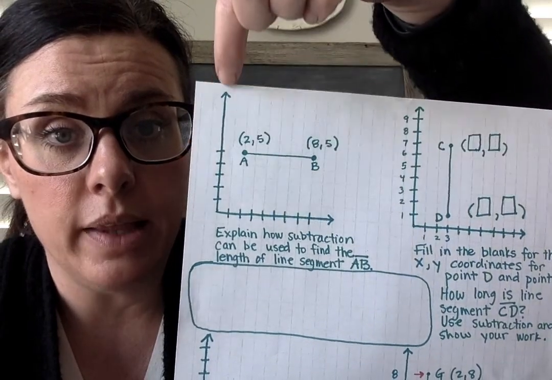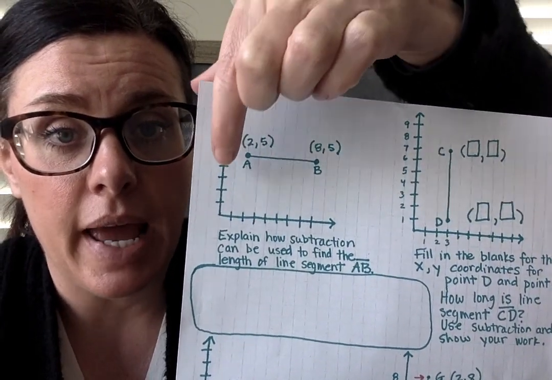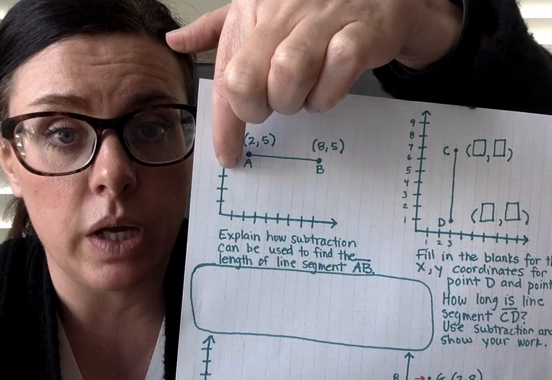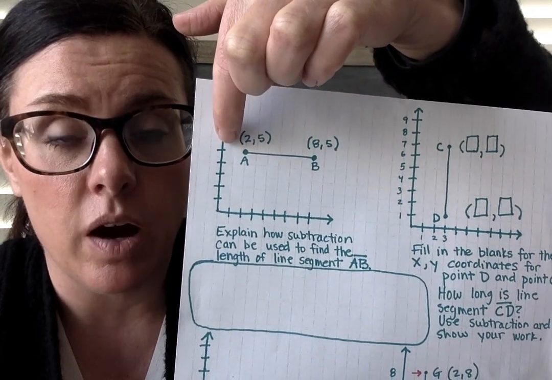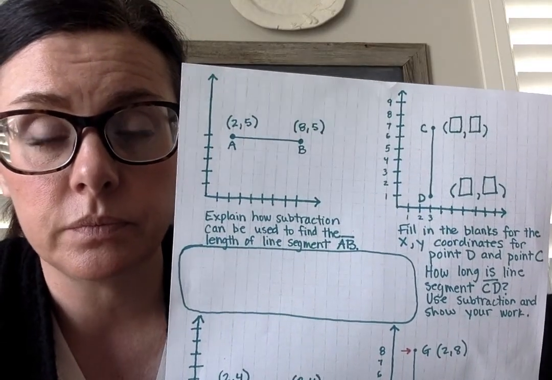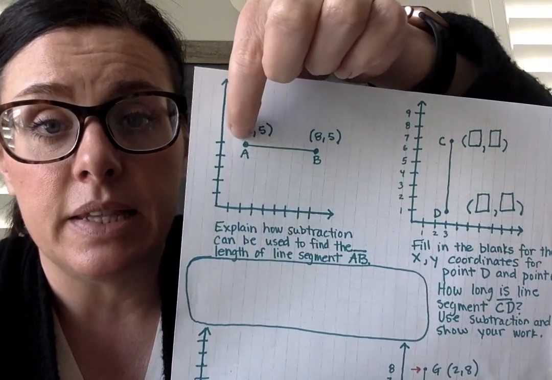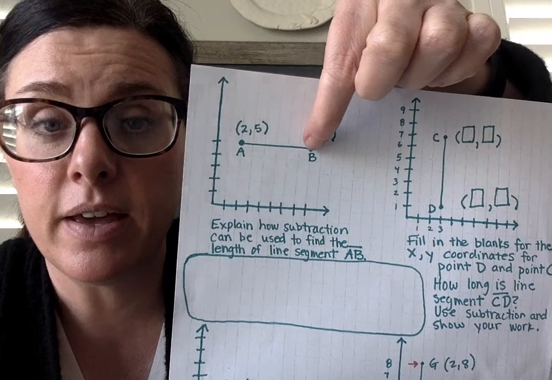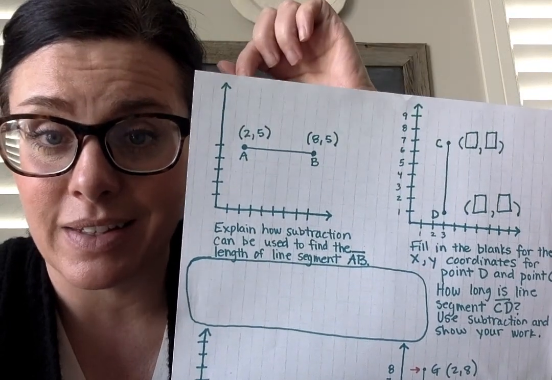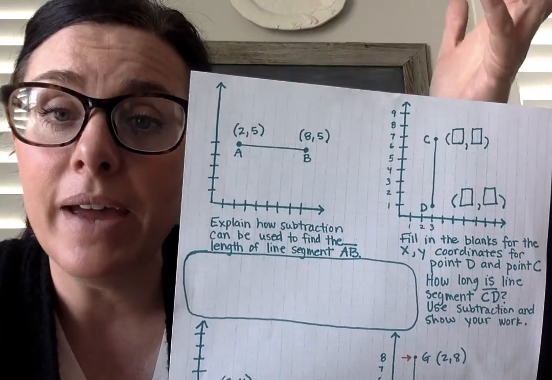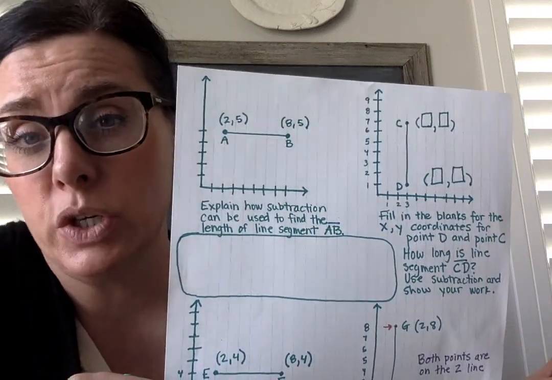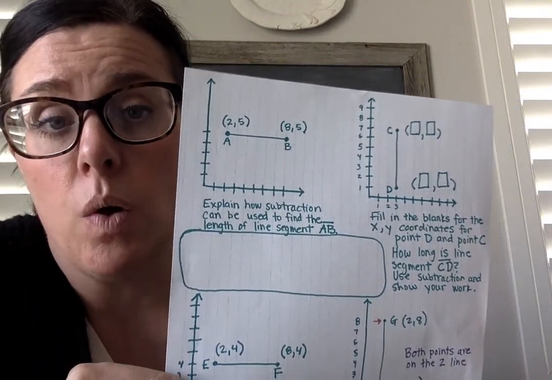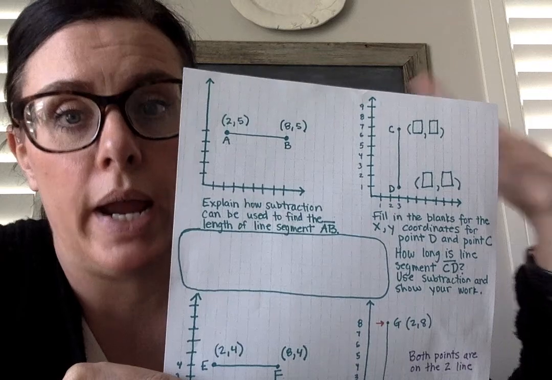Here's our y line right here. It's the vertical line, and we went up 1, 2, 3, 4, 5 on our y line. And it's telling us that this line is on the 5 of our y-axis, okay? So the 5s are the same, and right now we're going to ignore those. We already know, okay, good, it's on the same line, great.